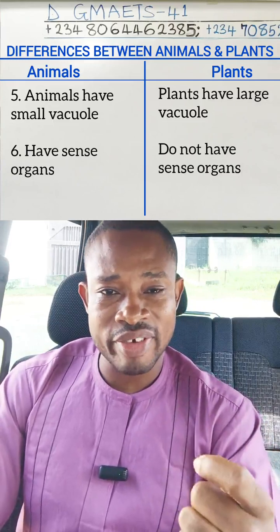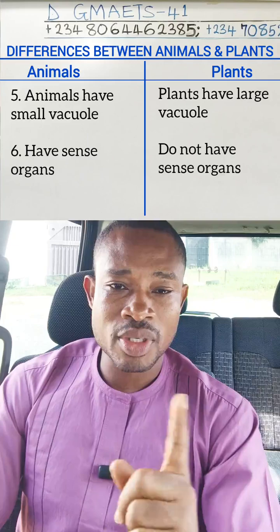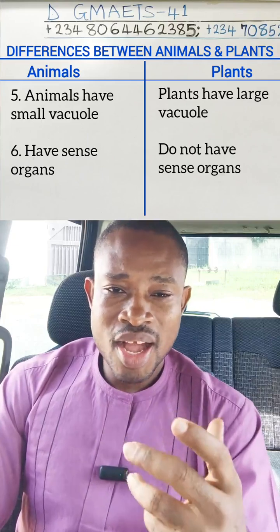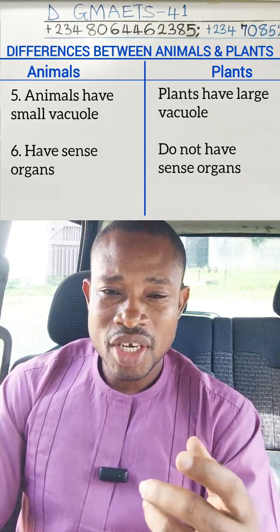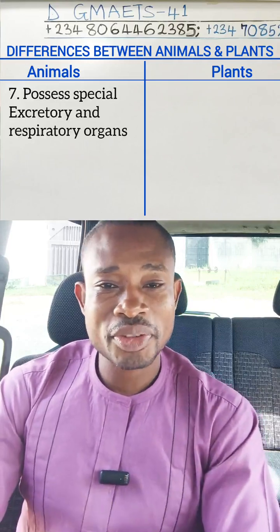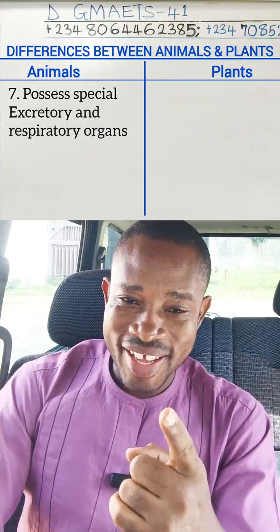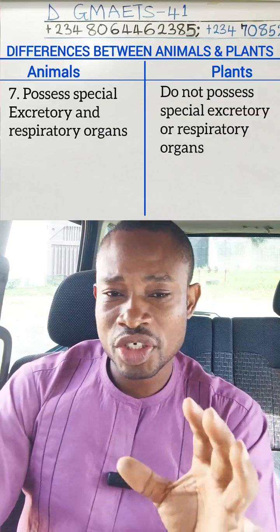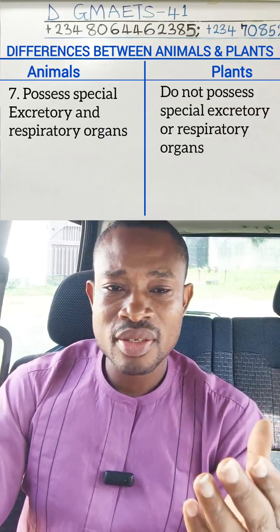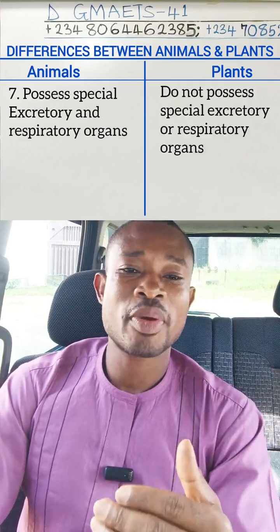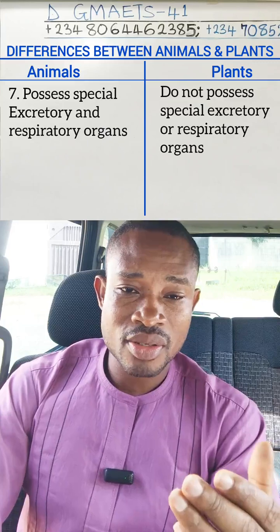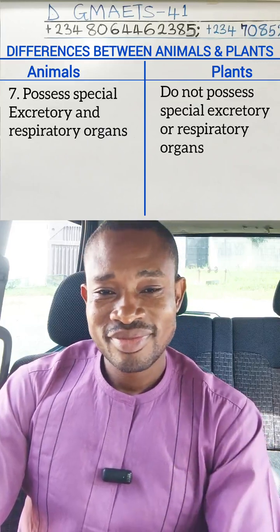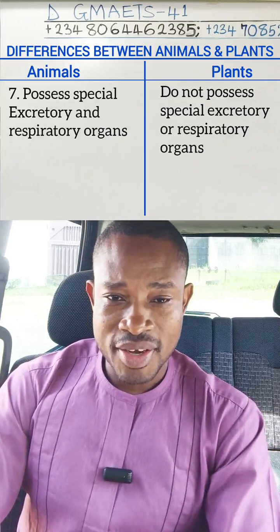We can use that to give another difference between animals and plants. Animals possess special excretory and respiratory organs. What about plants? Do they have special excretory organs? No. Do they have special respiratory organs? No. I hope you're following, right?